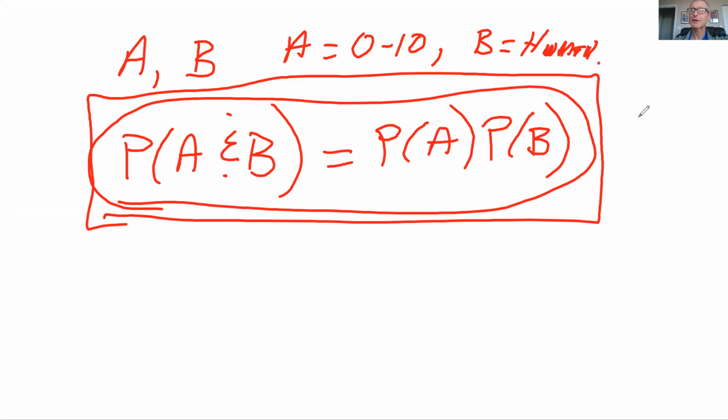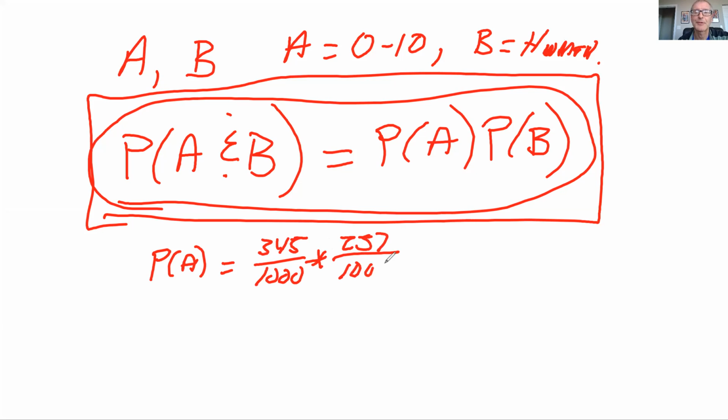So if we take a look at this calculation again, the probability of A was our 345 divided by 1,000, which would be 0.345. And then for the other one, there were 257 humanities students out of 1,000.